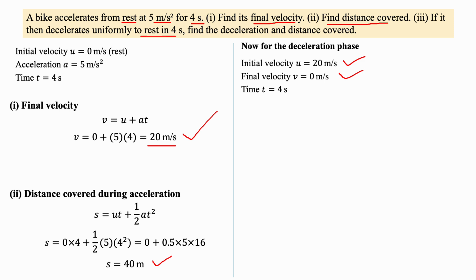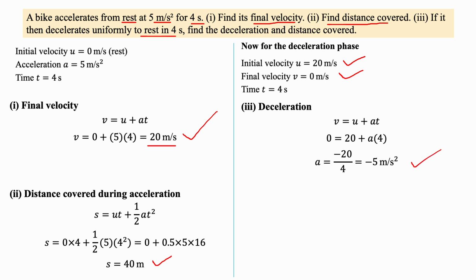So now let's find the deceleration. v equal to u plus at. Rearrange this equation in terms of a, or you can substitute the values. If you rearrange in terms of a, it would be (v minus u) divided by t. So you will get a equal to minus 5 meters per second squared.